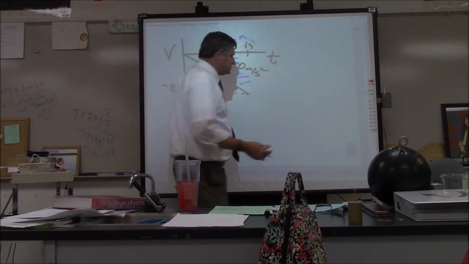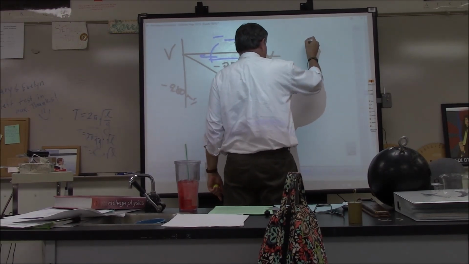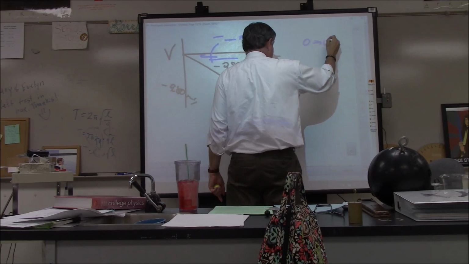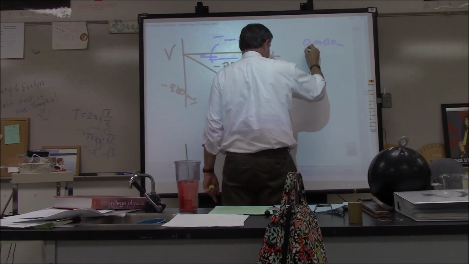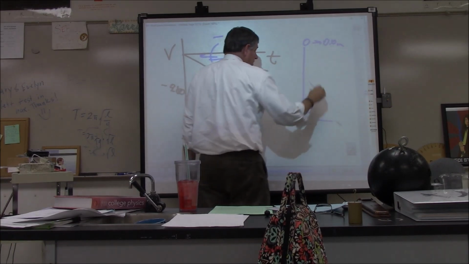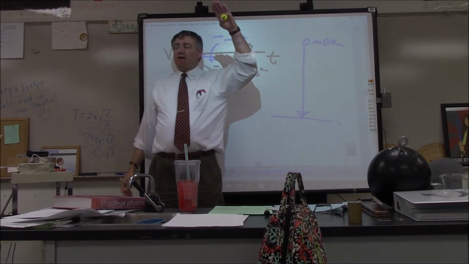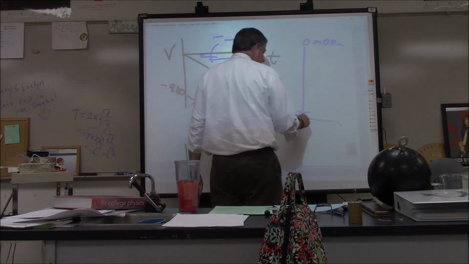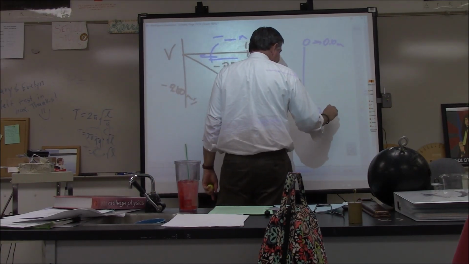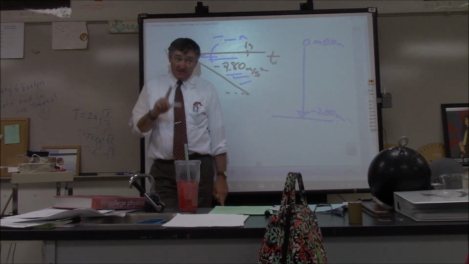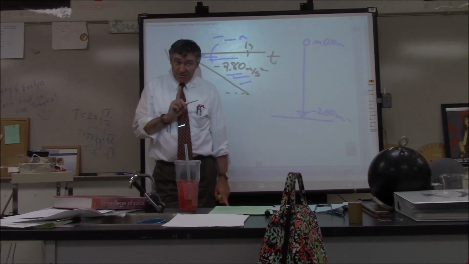Okay, legitimate question. So here's the deal. We said we're going to make the point of release, when I let go of Gary, that's going to be 0 meters. We're going to define everything going down as being a negative value. So when he lands, he's going to land with a position of negative 2 meters.